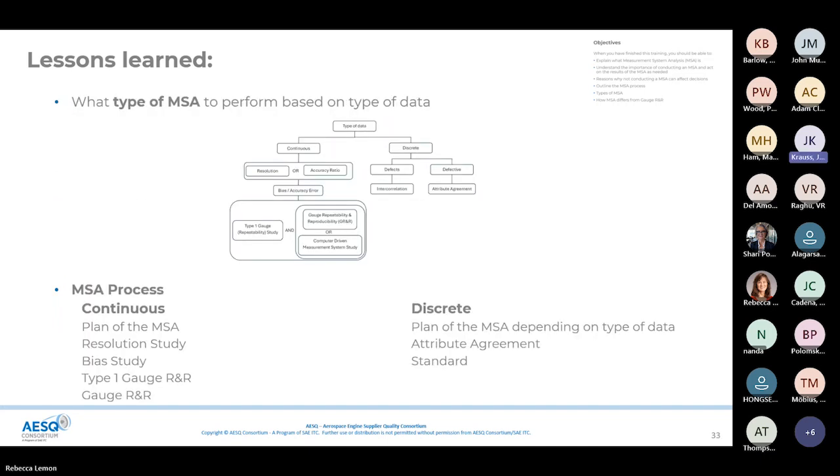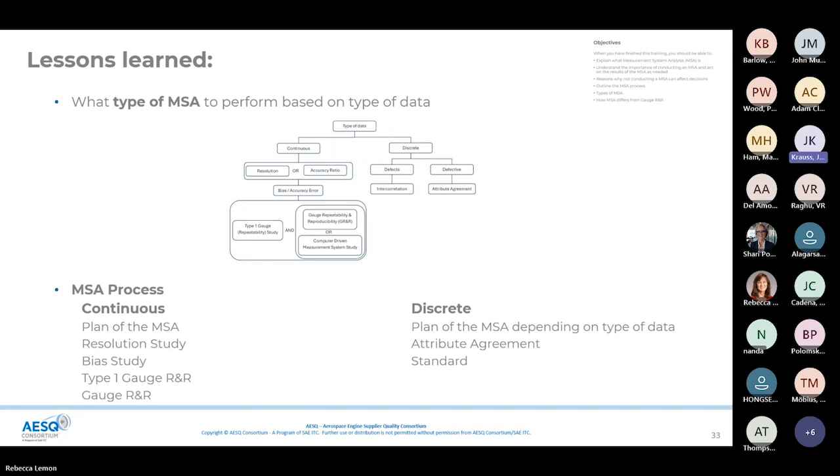So again, we went over what type of MSA you need to perform based on the type of data, whether it's continuous or discrete, and then the different studies that entail after that, depending on what your measurement system looks like and what you're measuring. And then this bottom left bullet, MSA process, continuous. So remember to always plan your study out.